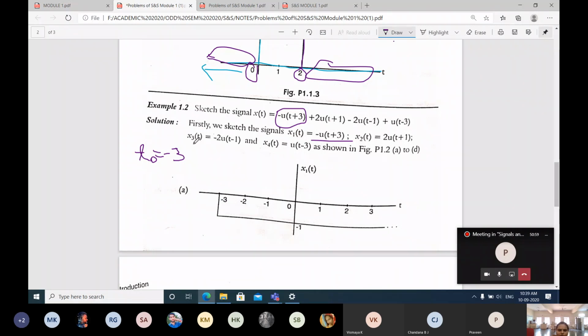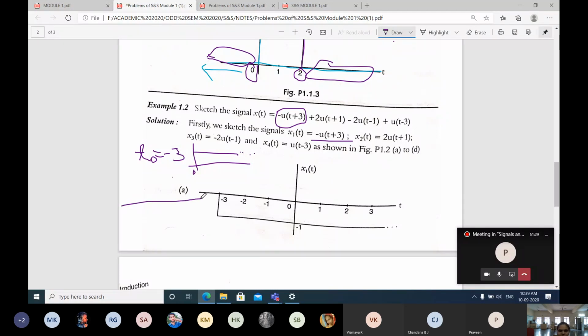We know what our u of t is. This is our u of t function. It goes on continuing. Here the signal is shifting towards minus 3 position, towards the left. From 0, the shifting position is added. 0 plus minus 3 means you'll get minus 3 only.